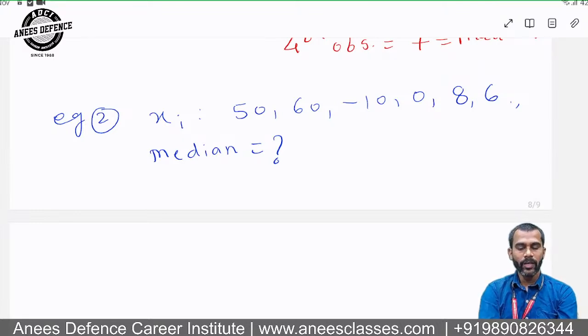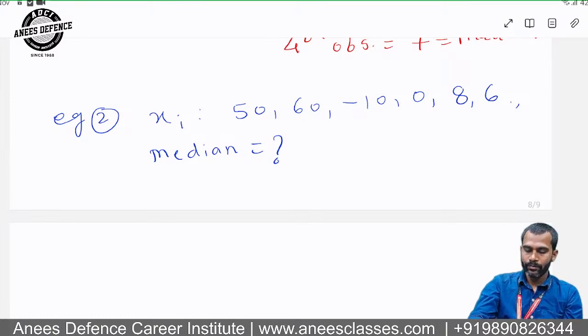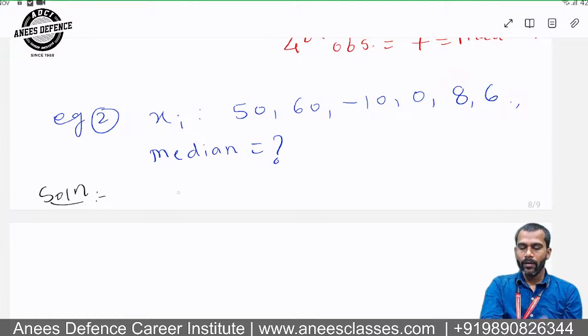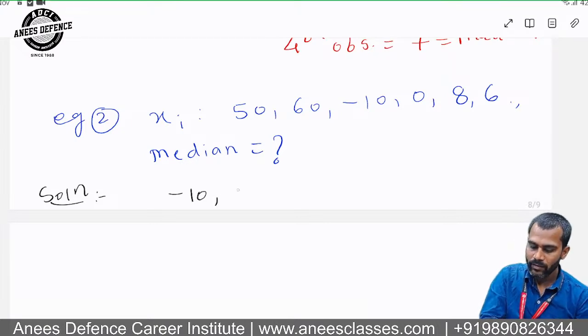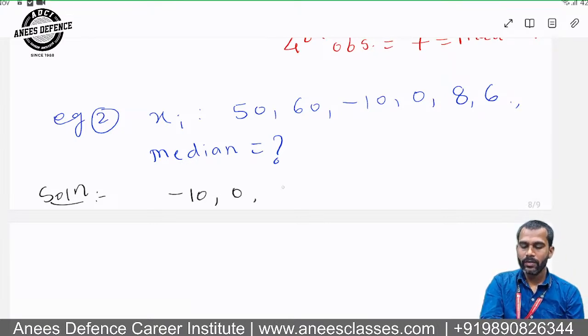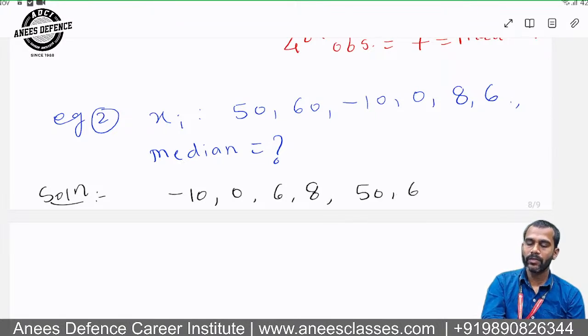First, we have to arrange them in ascending order. So, arrange them in ascending order: minus 10, 0, 6, 8, 50, and 60.